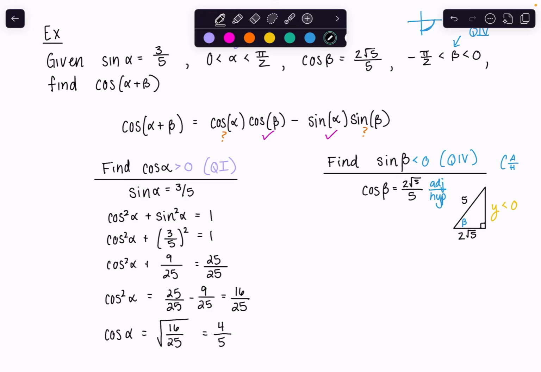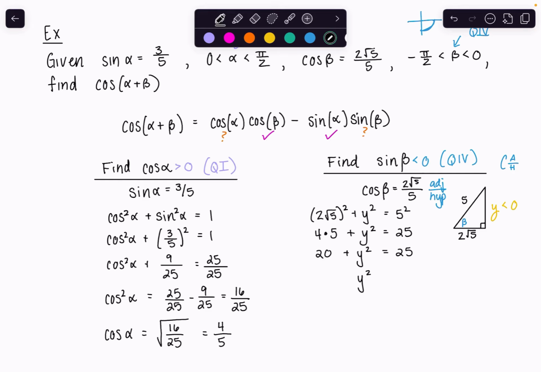So using my Pythagorean theorem, one leg squared plus the other leg squared needs to equal the hypotenuse squared. Well, 2 root 5 squared, you square each, so that gives you 4 times 5, plus y squared equals 25. So 20 plus y squared is equal to 25.